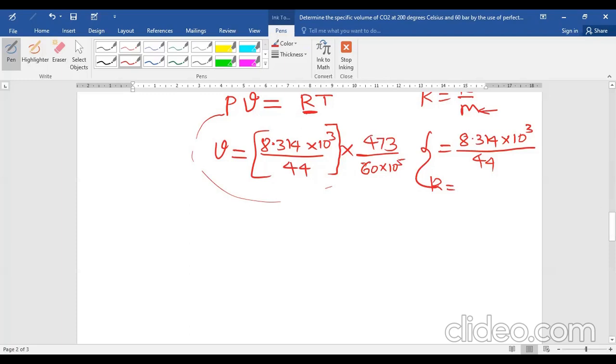If you simplify this equation, I will get the volume as 0.014. If you take one more digit, I will get 8. So meter cube per kg is the unit of specific volume.